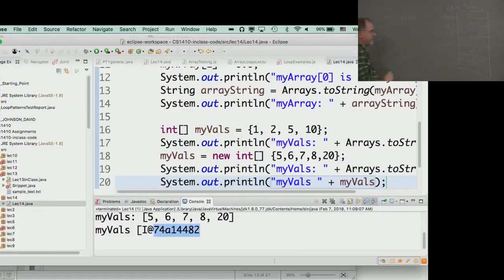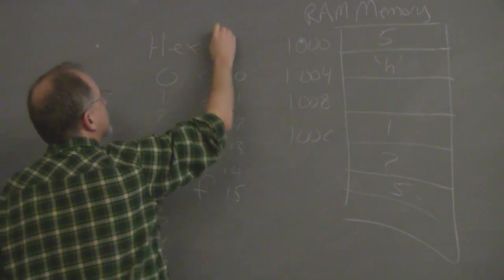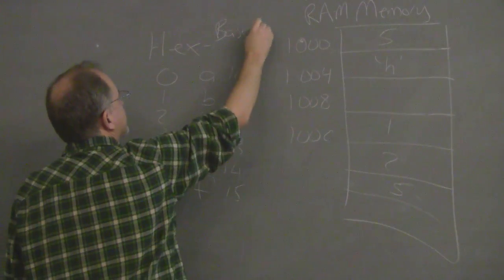And hexadecimal is a number system that goes 0, 1, 2, 3, 4, 5, 6, 7, 8, 9, and then keeps going. It has an A digit, and a B digit, and a C digit, and a D digit, and an F digit. And these are worth like 11, 12, 13, or actually 10, I'm sorry. 10, 11, 12, 13, 14, 15. This is a base 16 number.